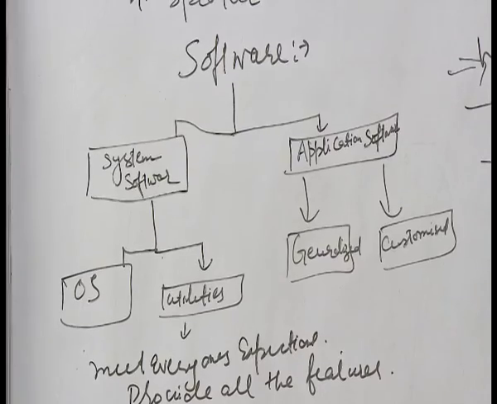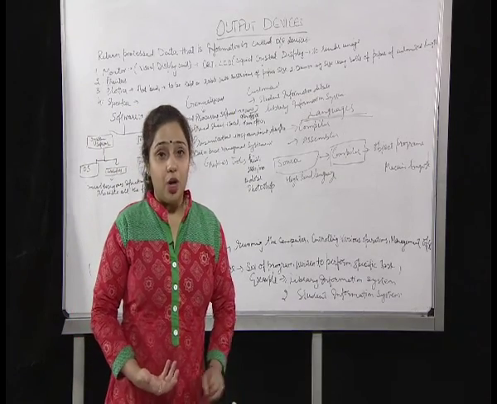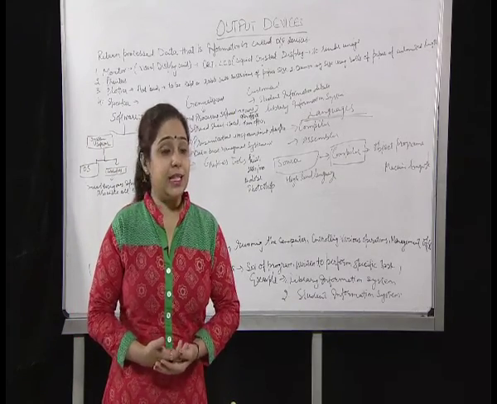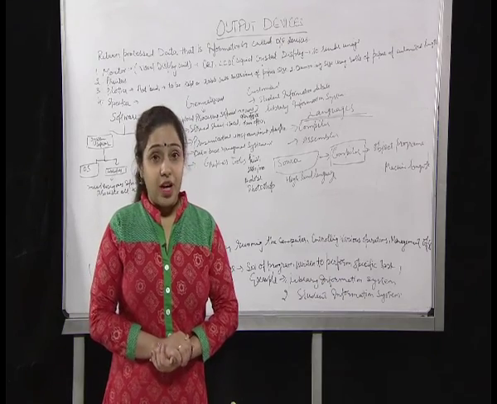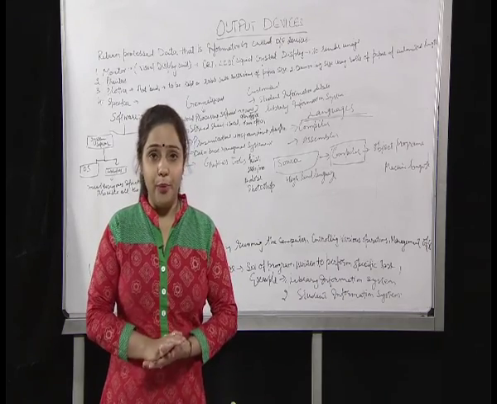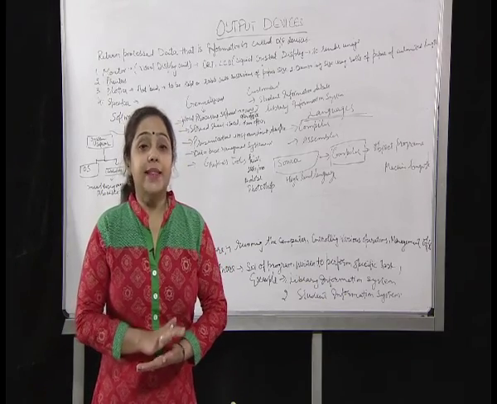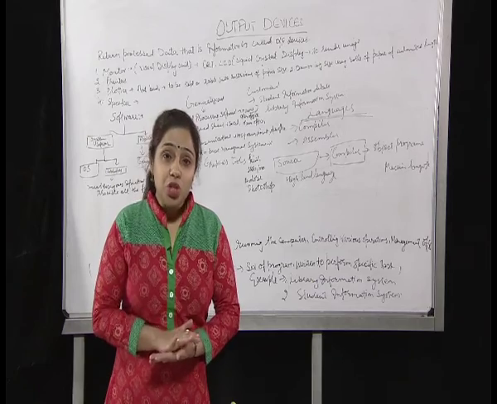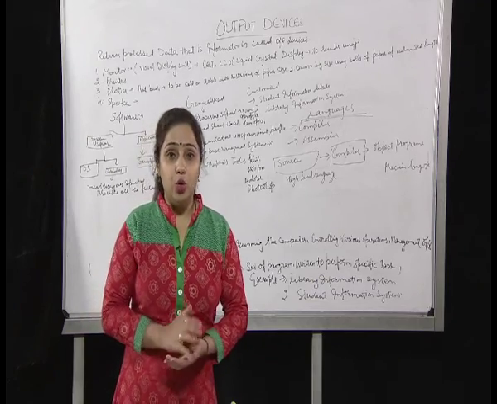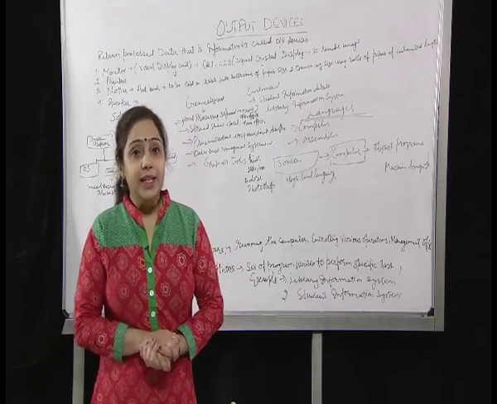The operating system is also a part of the computer. Without an operating system it is not possible to run the computer, because once we start the computer, the operating system should be installed in it. That is the most important part. We cannot go ahead without an operating system.